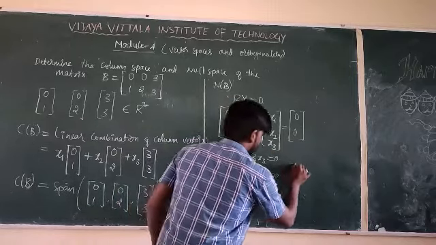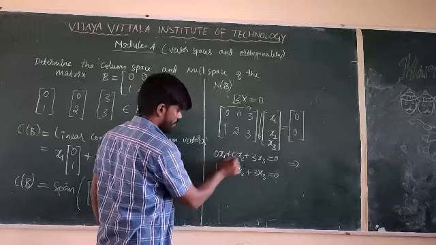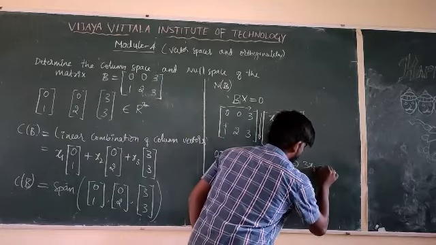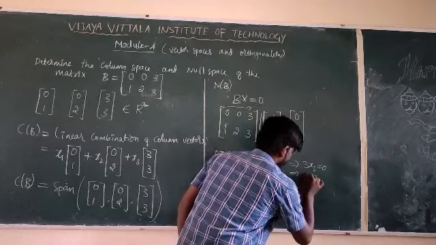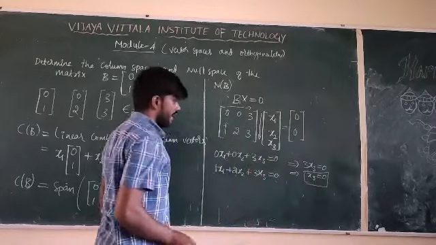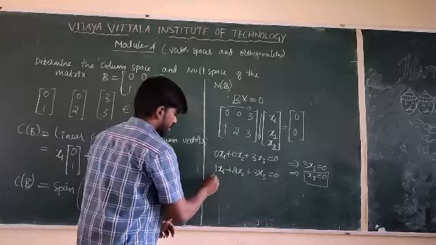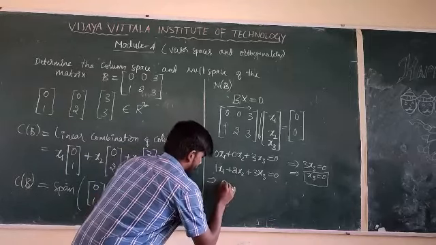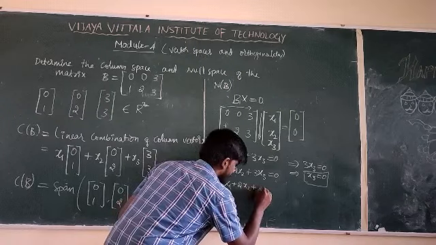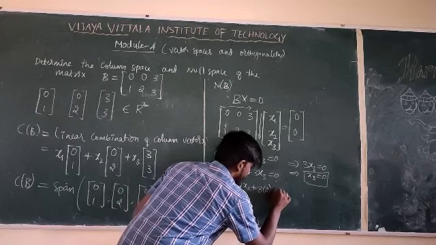From the first equation we get 3x3 equals 0, which implies x3 is equal to 0. Substitute in the other equation, we get x1 plus 2x2 plus 3 into x3, which is 0, equals 0.